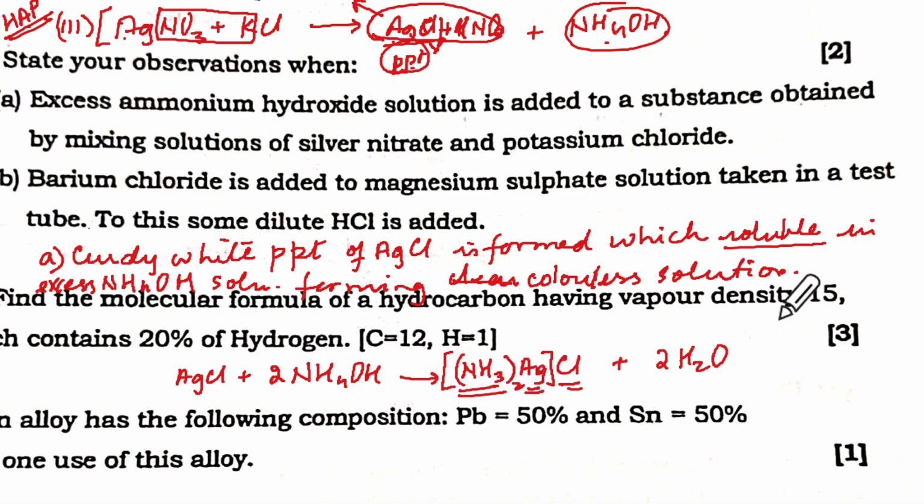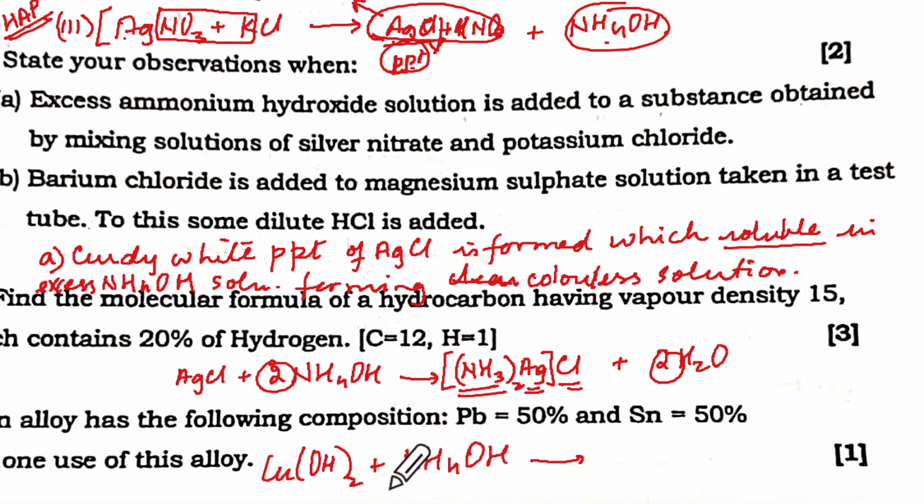Okay, so that is important. And what you have to remember, 2 here, so 2 here. But if it is with copper, excess of NH4OH, what you will get here? Tetramine. So tetramine means NH3 4 times and Cu, plus NH4 twice SO4.